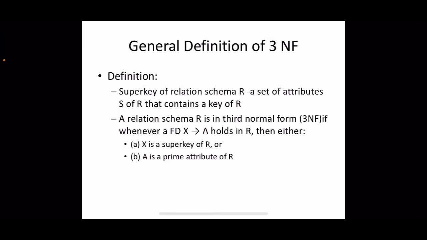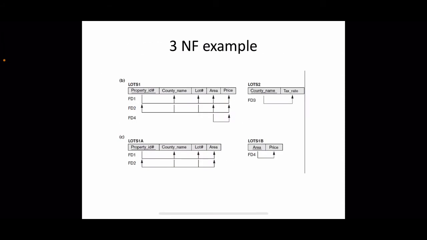Either of the two conditions should hold for every functional dependency. Only then can we say that the schema is in third normal form. X should be a super key or A should be a prime attribute. Prime attribute means a member of any candidate key.